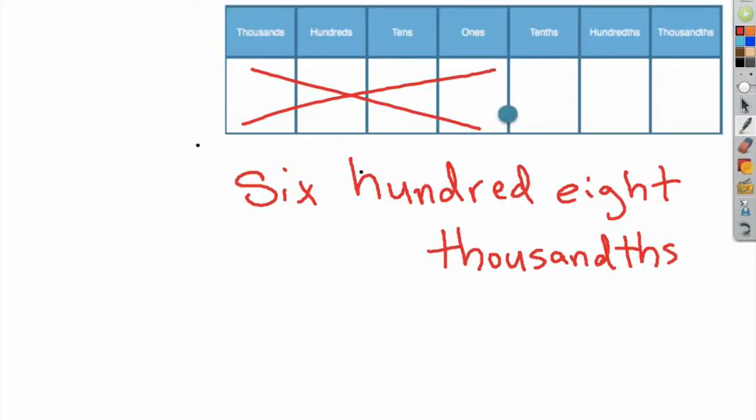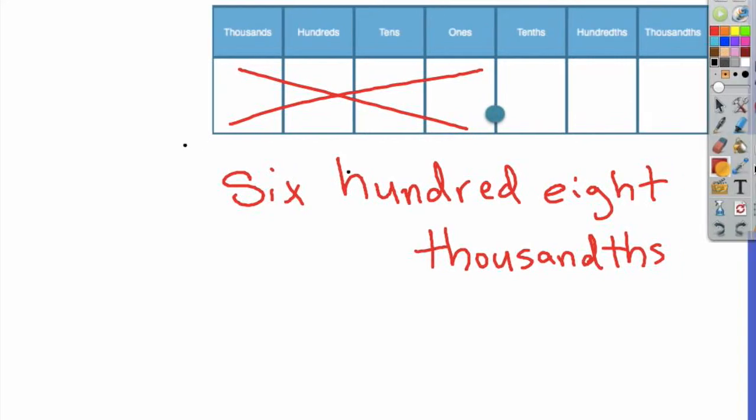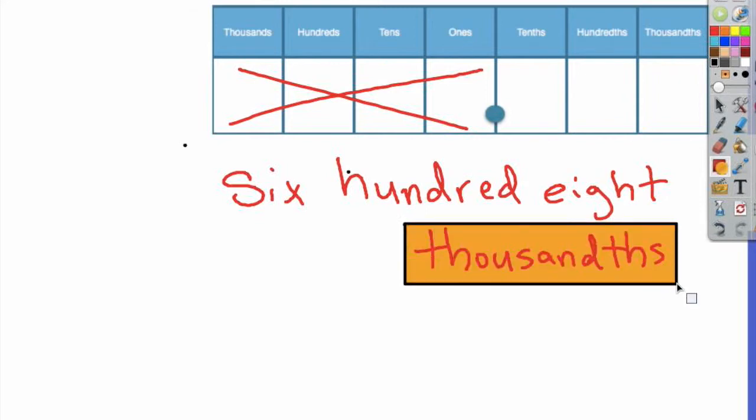Let's look at this. 608 thousandths. What if I were to do this, cover this? Because I don't care about that right now. I know it's on the other side of the decimal, right? How do I read that number? Okay, so you read the number 608.